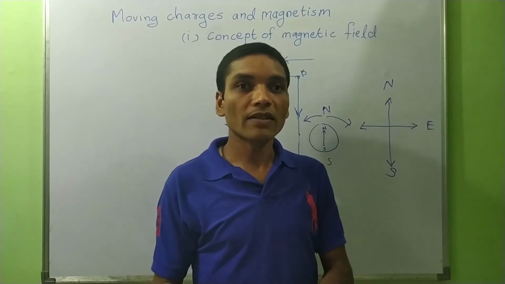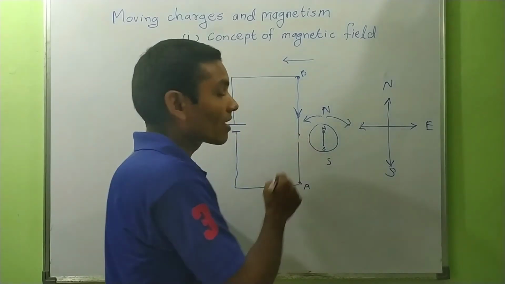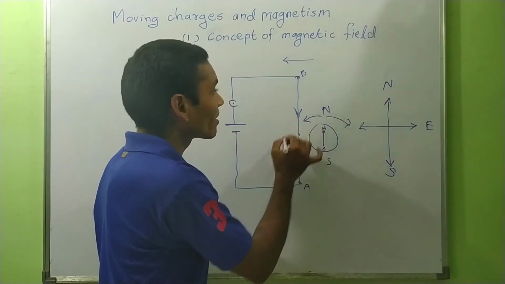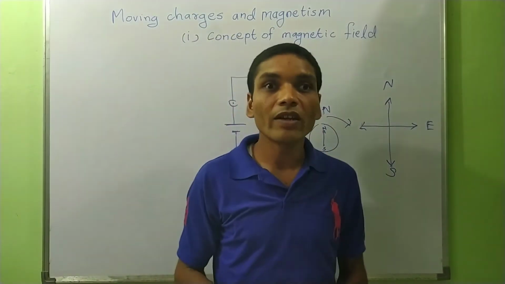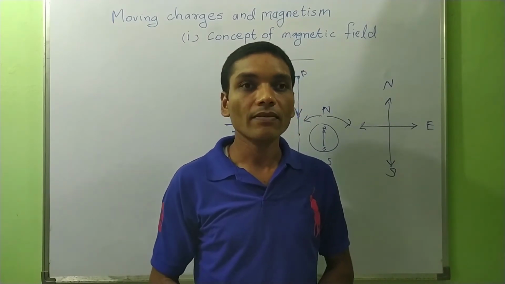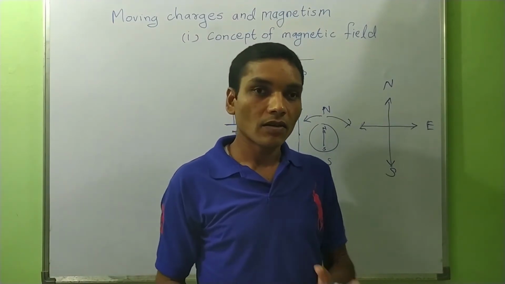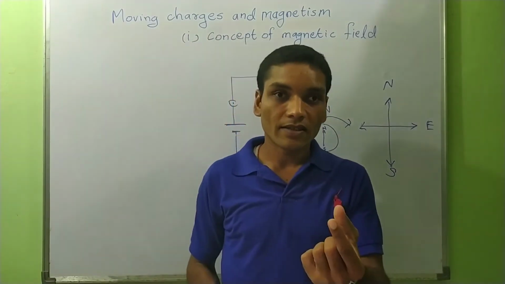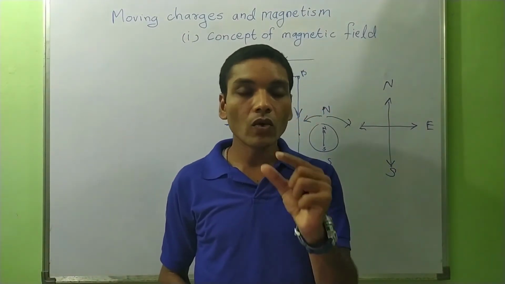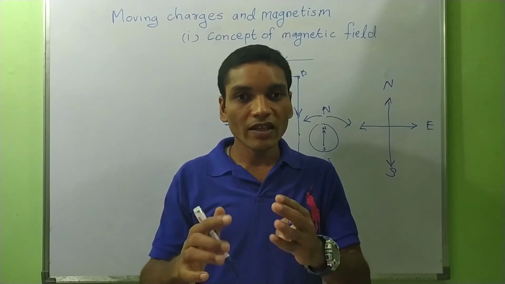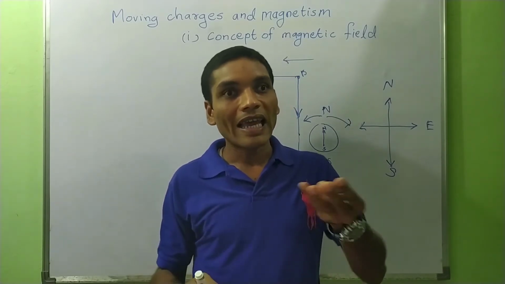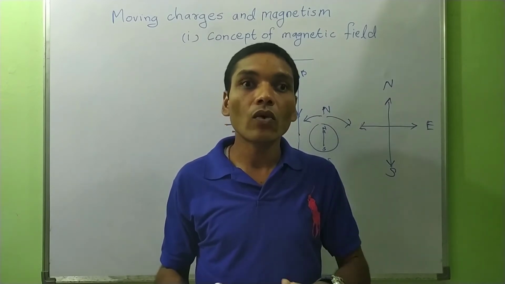If charged particles are moving, then around this conductor a magnetic field is produced. And you know that when two electric charges are placed very close to each other, they exert electrostatic force on each other.